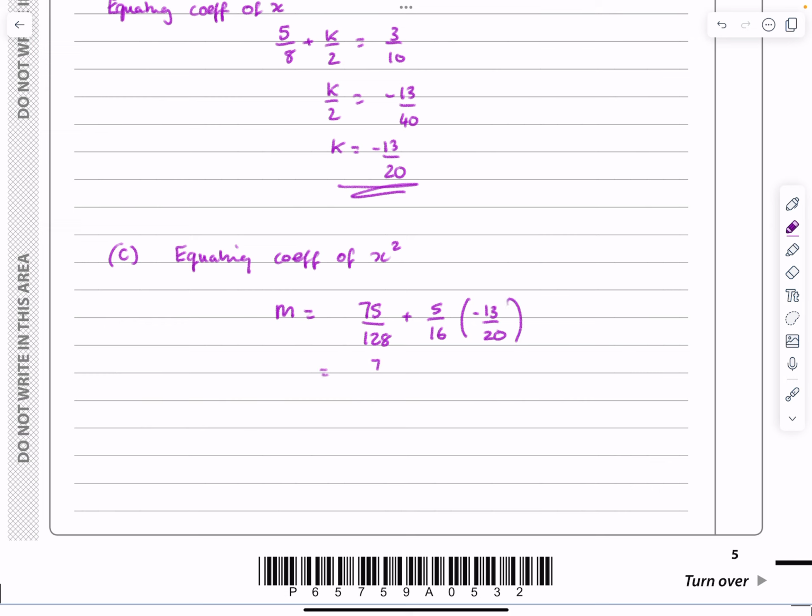You don't need all this working out now, I'm just making sure that I don't make a mistake here. But it works out to be 49 over 128.